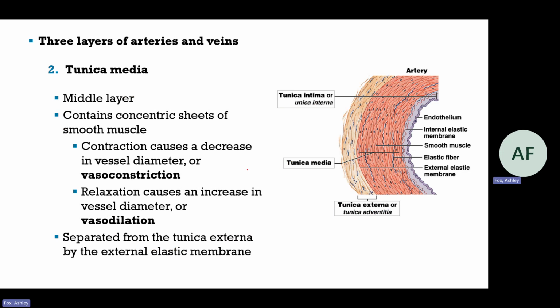The middle layer is going to be your largest layer, at least in arteries. This is going to have sheets of smooth muscle. So you can see here all of the smooth muscle.